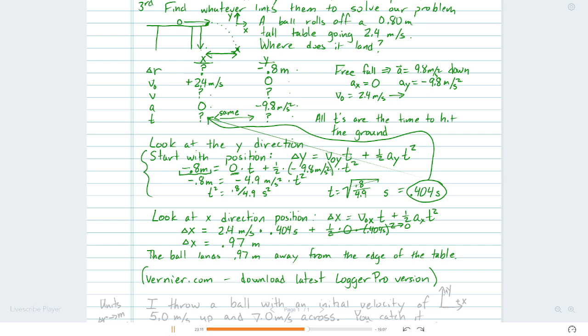Then we have a half times our acceleration times our time squared. Our acceleration we know because nothing is holding the ball up after it rolls off the table, so we're in free fall, and we know that means negative 9.8 meters per second squared when down is negative.